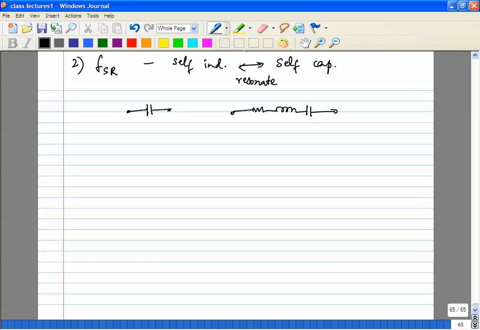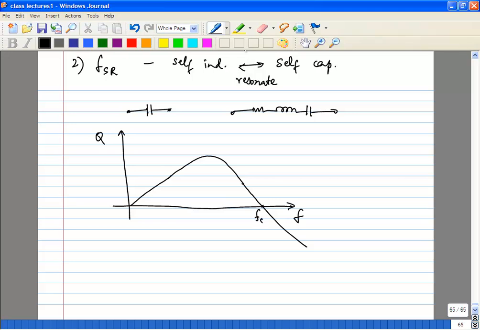And if you look at your Q versus frequency, we saw at very low frequencies the inductance dominates, so it will increase somewhat linearly. And then at some point the capacitor effect starts to dominate, and if you just use the basic definition, imaginary over real, you'll see it cross the 0 point at the self-resonant frequency.